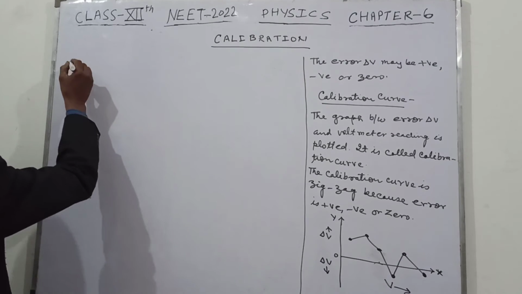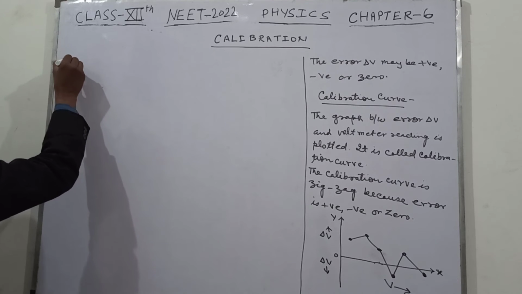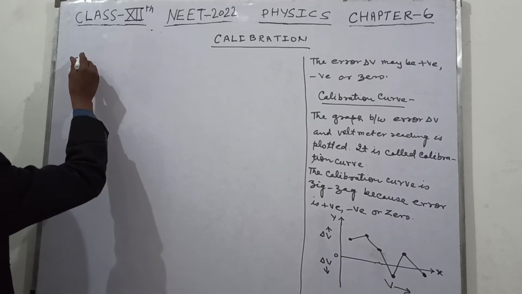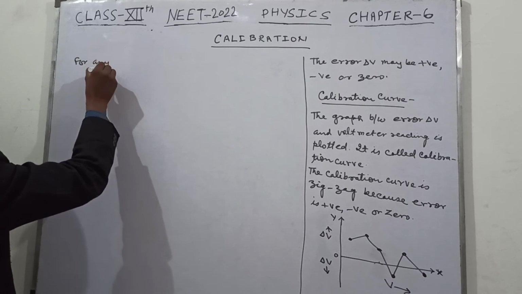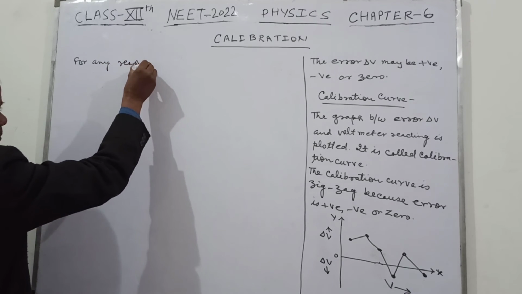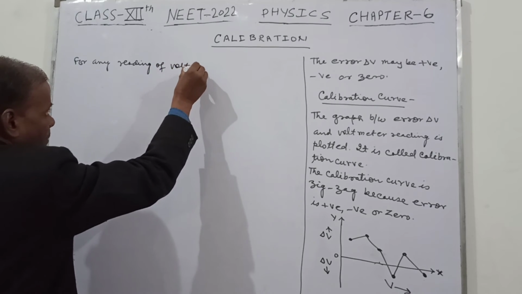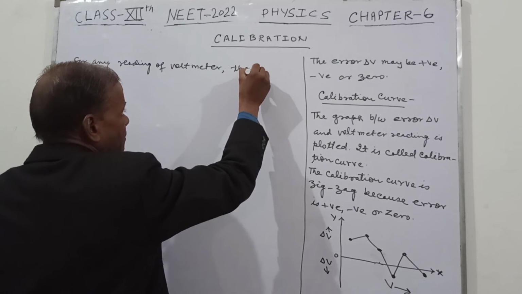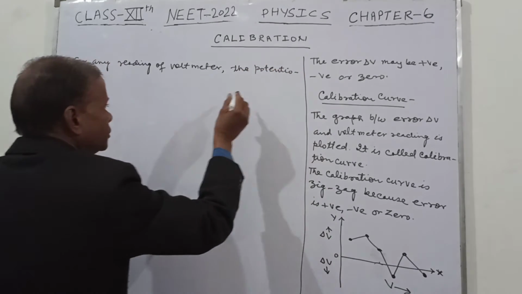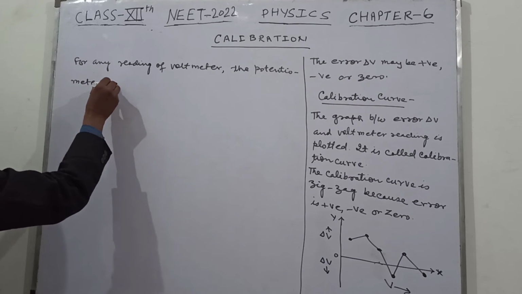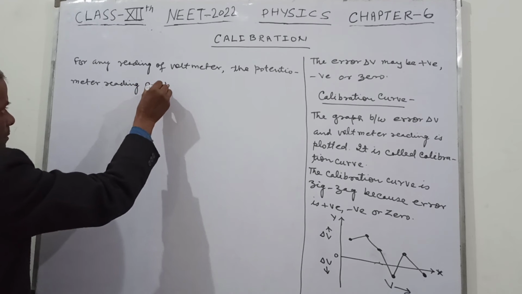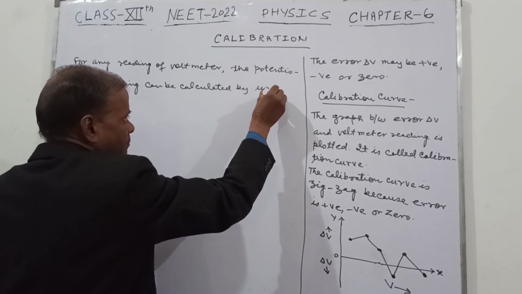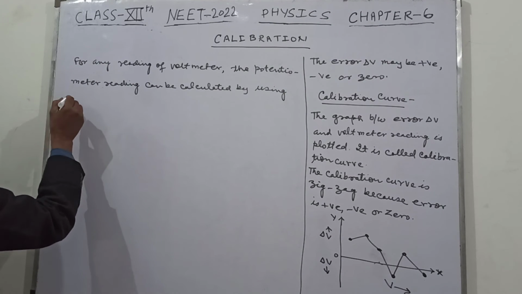Now for any reading of voltmeter, the potentiometer reading can be calculated by using calibration curve.